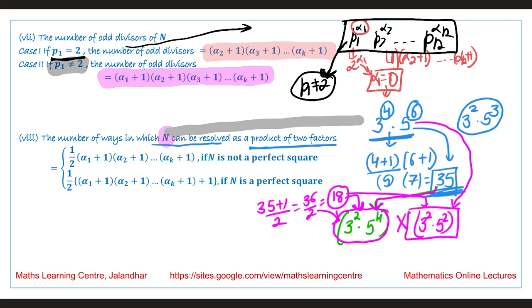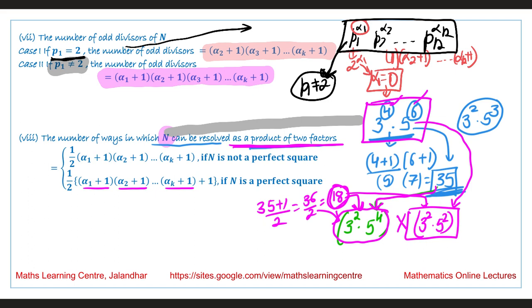So if n is a perfect square, then n can be resolved as a product of two factors in 18 ways. This can be generalized in this way. Since all these powers are even, we write alpha 1 plus 1, alpha 2 plus 1, and so on up to alpha k plus 1.